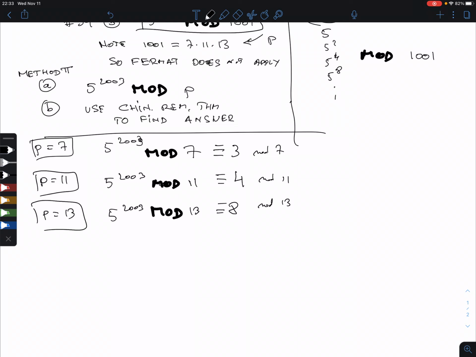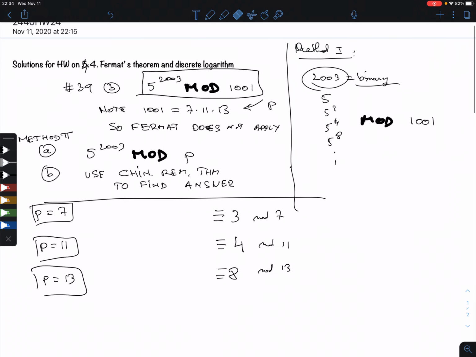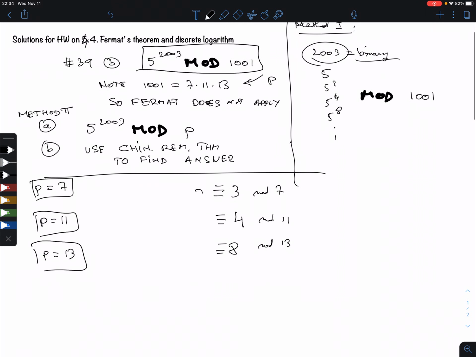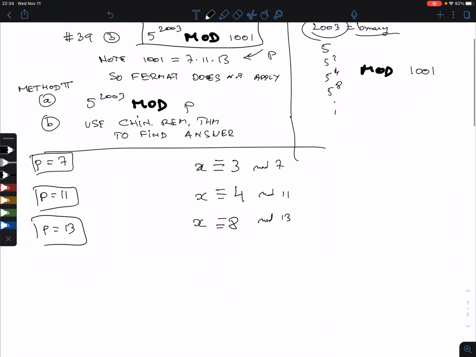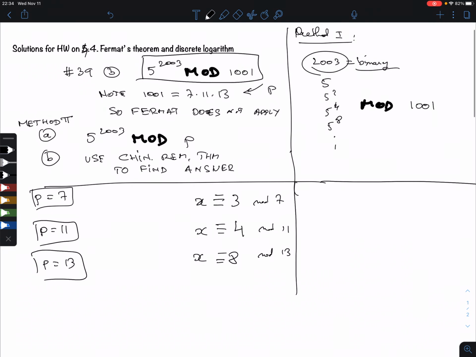So if I solve this system, replacing this number, it's a number x that satisfies this and that. So how do I find x? Well, I use the Chinese remainder theorem. Okay, let's do that. So what are our moduli here? Well, 7, 11, and 13.